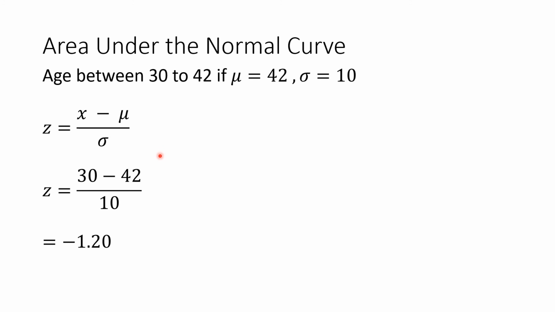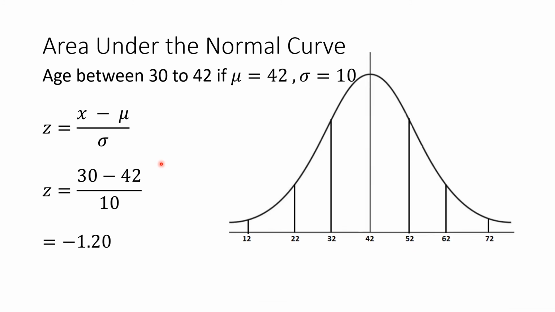So that means the area that we are going to identify is on the left side of the mean. So this is the graph, 42 at the middle because it is our mean. Since the standard deviation is 10, the difference between one mark to another is equal to 10. So these are the boundaries, 30 to 42.